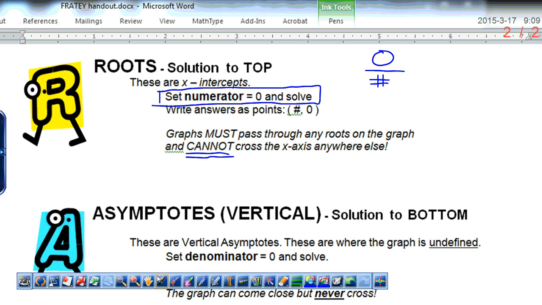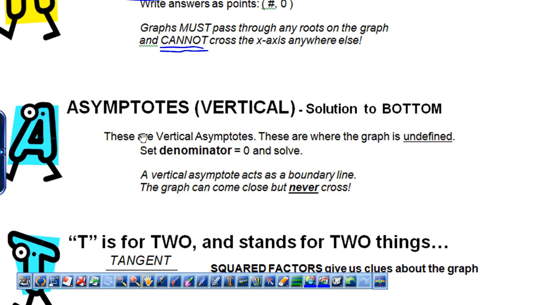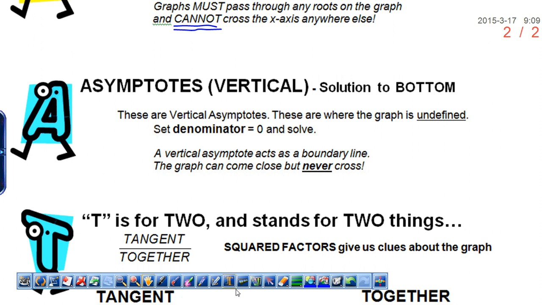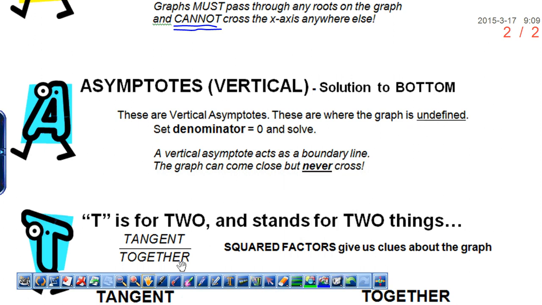All right. Vertical asymptotes are what we're going to talk about next. Vertical asymptotes represent anywhere where the graph is undefined. Okay? Anywhere the graph is undefined. What do we know makes a function undefined? Think about these. We're talking about rational functions, so we're talking about fractions. A denominator equal to 0.